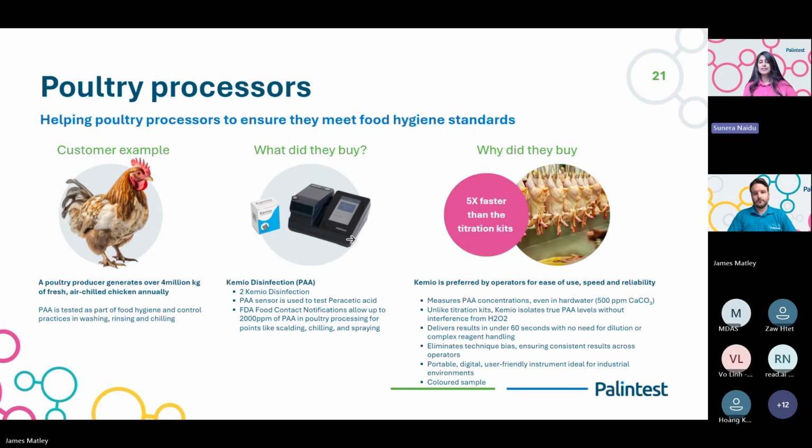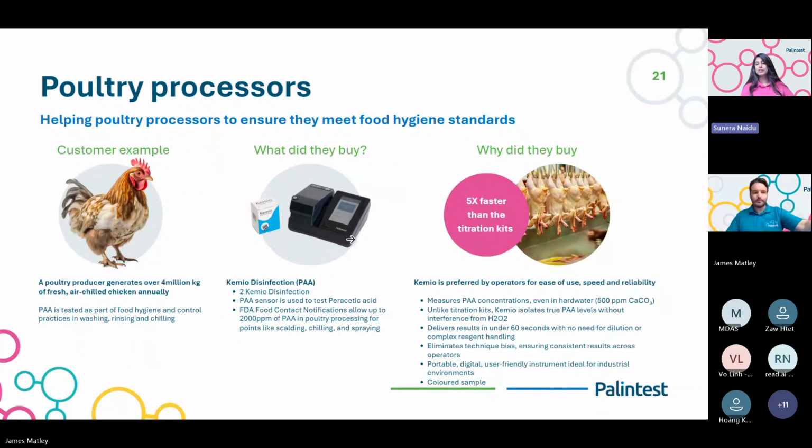Now, why did this particular processor purchase the chemio? They preferred chemio because it was preferred by their operators due to the ease of use. Do you remember we briefly took you through the sample process at the start of the presentation? It's just sample into a sample vessel, drop down, a reaction occurs, and a result is generated. So it was very easy to use.